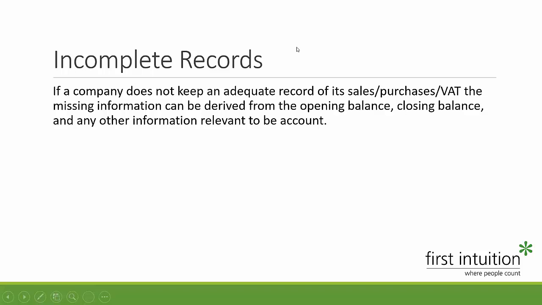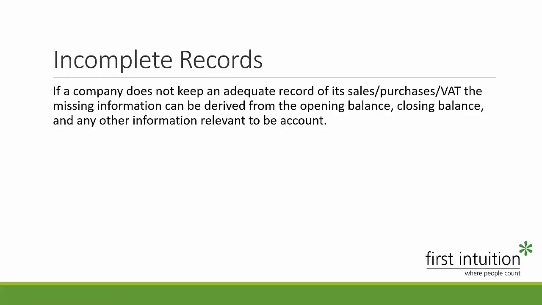If it's our credit customers, it might be the amounts we've received from our customers. It might be the amount of new credit sales we got from customers. And then vice versa with purchases, it might be the amount we've paid or the amount of new credit purchases that we've taken on. So what you'll essentially be given is 3/4 of a table, and you just have to find the missing figure.